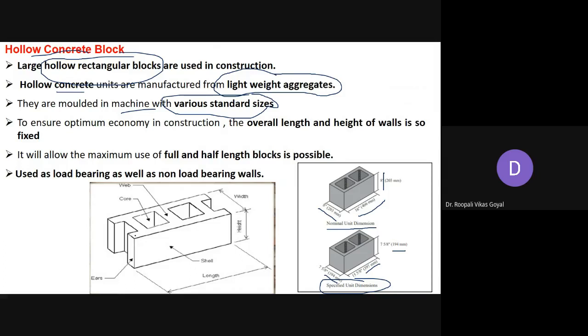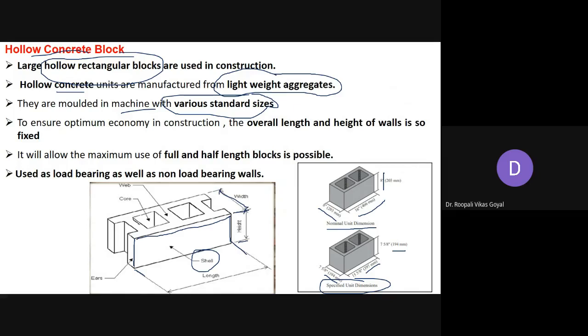In this hollow concrete block, this particular portion is called the shell. It is like the stretcher portion in a brick. This is the length from here to here, the height from here to here, and this is the width of your block. Generally in the dimensions, length, width and height are specified.